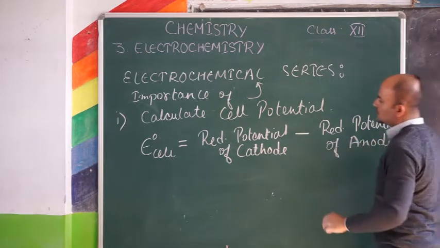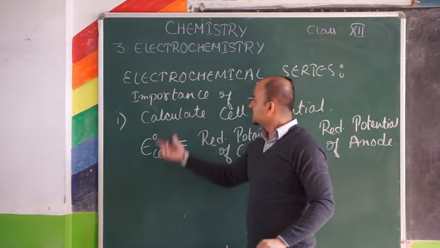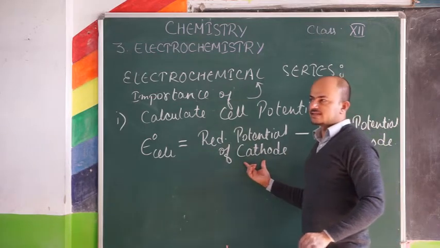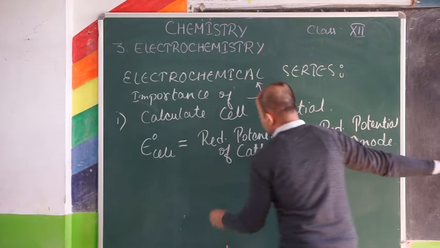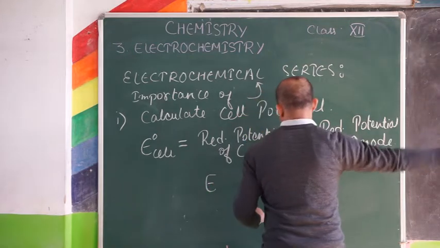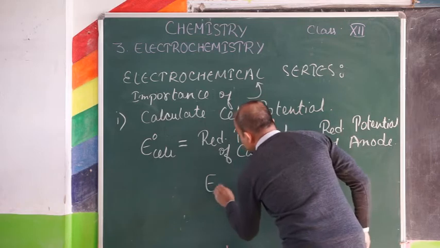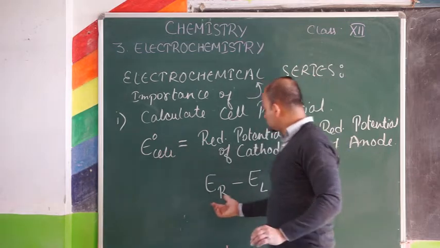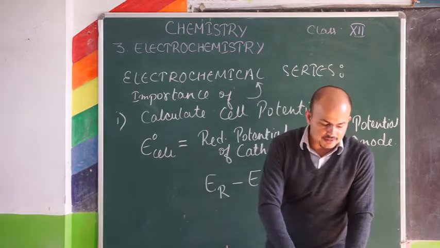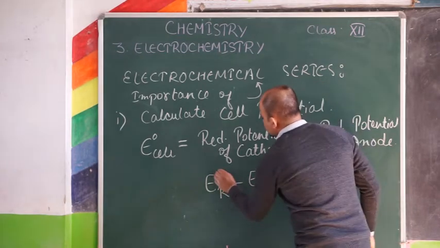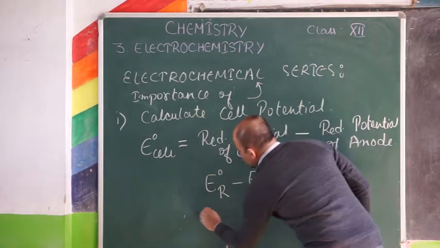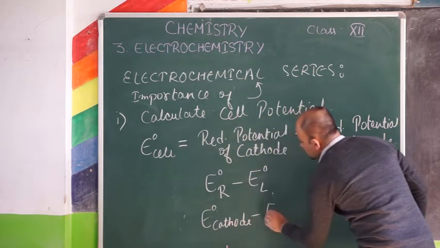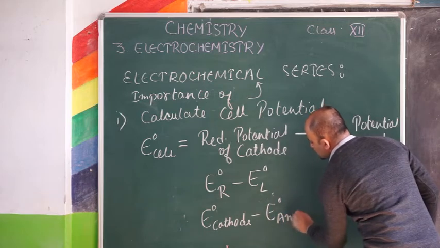Okay, so E0 of the cell, that is the cell potential, will be equal to the reduction potential of cathode minus that of anode. The cathode is always placed on the right hand side, so you can write E right minus E left. So E0 of the cell will be equal to E right minus E left, or you can write E0 cathode minus E0 anode. So please remember this one, okay?